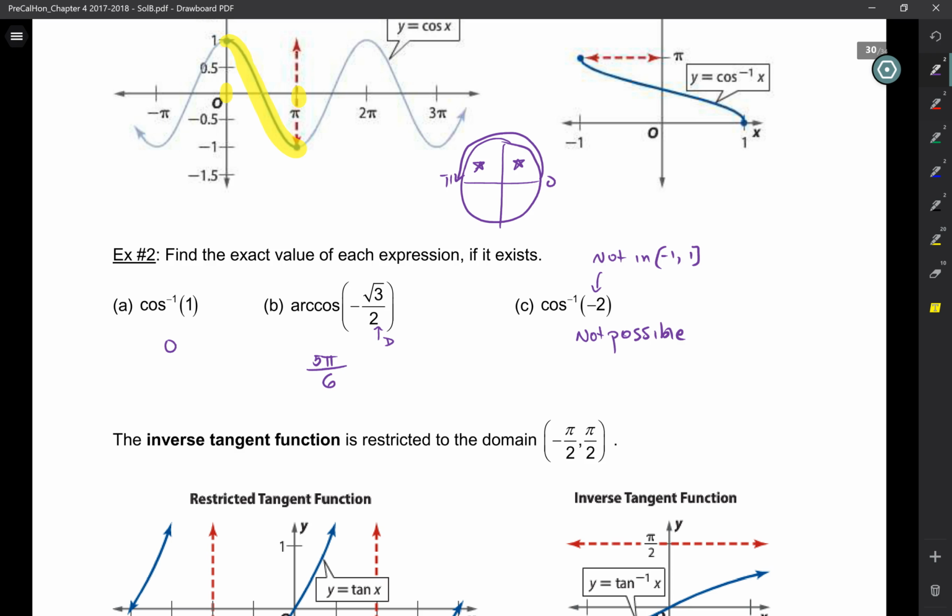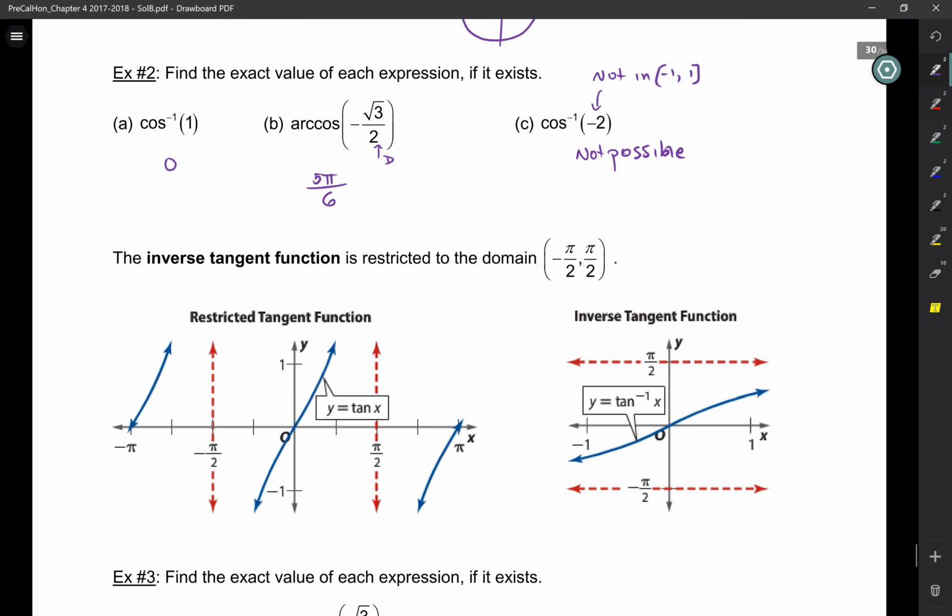Okay. All right. Now, inverse tangent function. The inverse tangent function is a little bit easier because it lends itself to a nice little restricted domain. We just take one branch, all right? And the branch goes from negative pi over 2 to pi over 2, except notice that this time we have open parentheses because of the asymptotes.